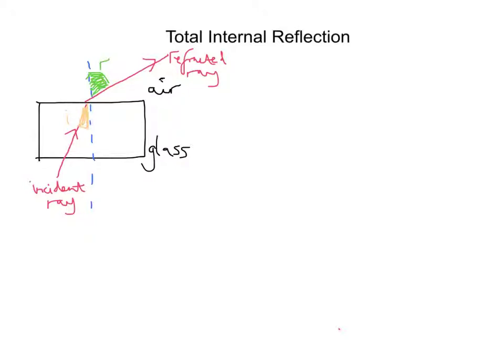So the first thing to say is that for this phenomenon of total internal reflection, we need the light to go from a more dense to a less dense. So we'll just make a note of this key thing. We need to go from more dense to a material that is less dense.